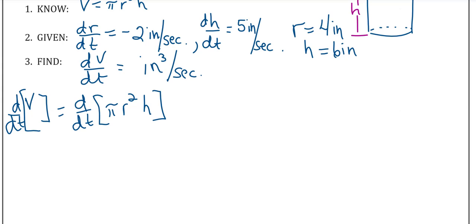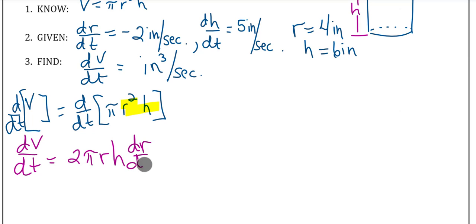Now, we're going to have to use the chain rule like we always do with taking the derivative with respect to time, but we also have a product here, so we'll have to use our product rule as well. So what we're going to have is dV/dt is going to equal, and I'm just going to leave the pi, I'm going to take 2 pi r h times dr/dt.